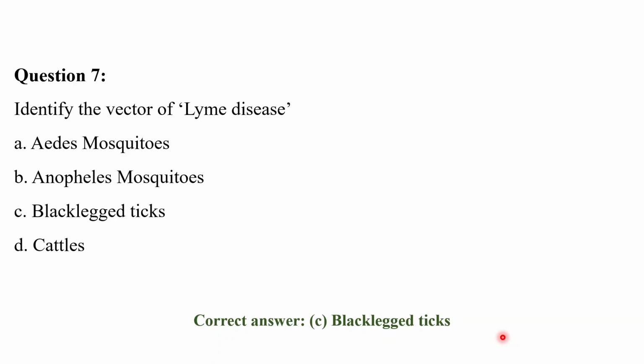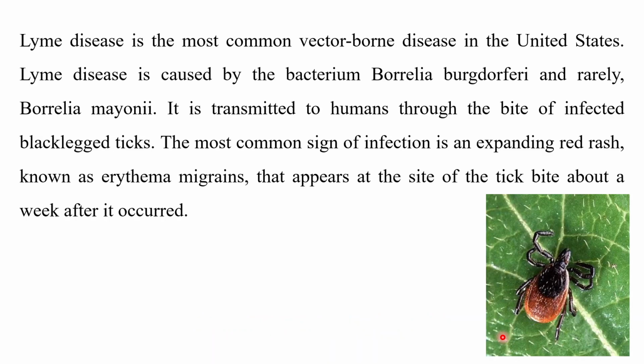Black-legged ticks are the vector for Lyme disease. Lyme disease is the most common vector-borne disease in the United States. Lyme disease is caused by the bacterium Borrelia burgdorferi and rarely Borrelia mayonii.